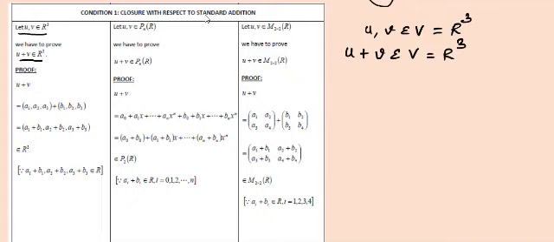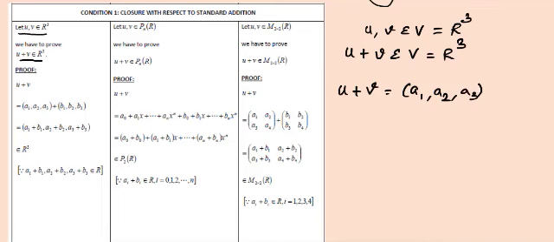How am I proving that? First of all, I should find out what u plus v is. In the initial assumptions itself we took u as a1, a2, a3. That is the assumption we took earlier for all the 3 sets.